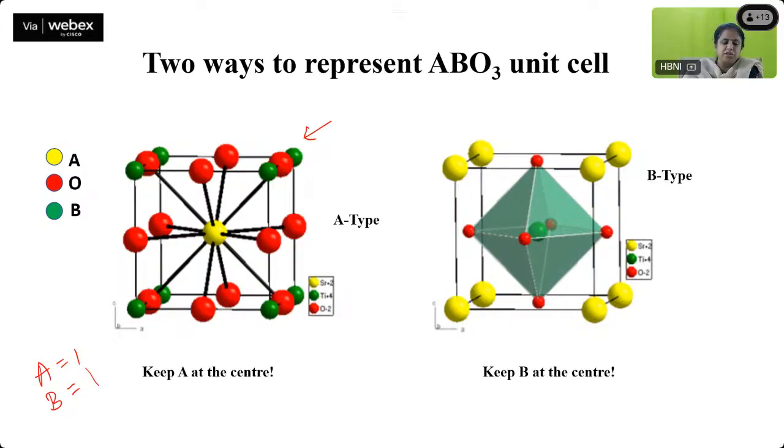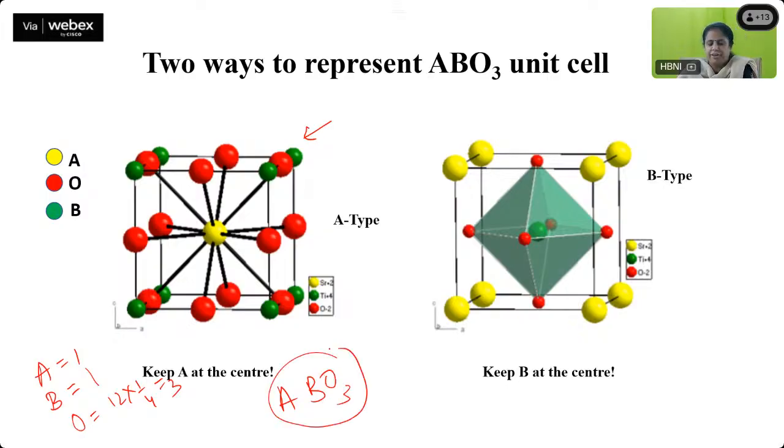How many oxygen? We have 12 edges, 12 oxygen. Each edge is shared between 4 cubes. That means 12 into 1 by 4 is 3. So what is the nominal formula that I've got? ABO3. So we are working in the right direction.